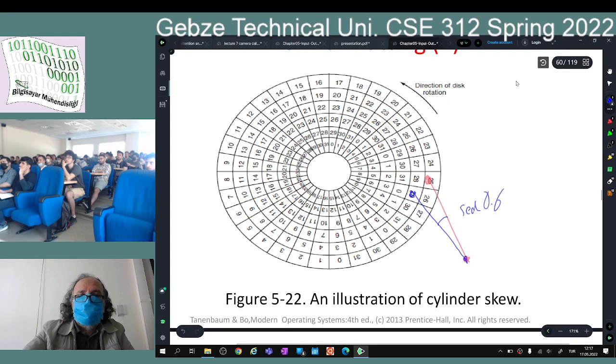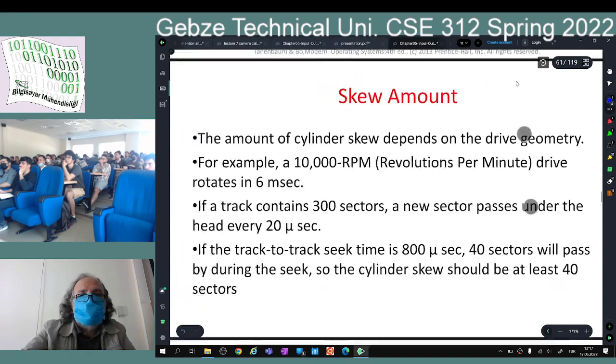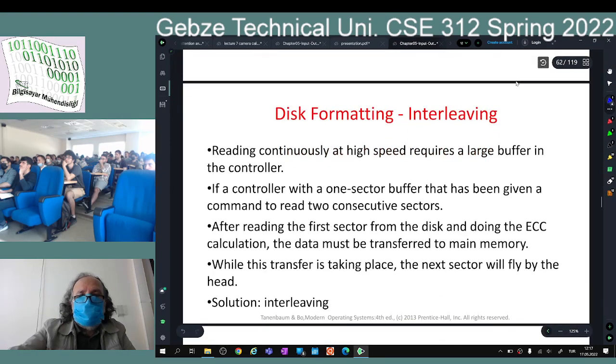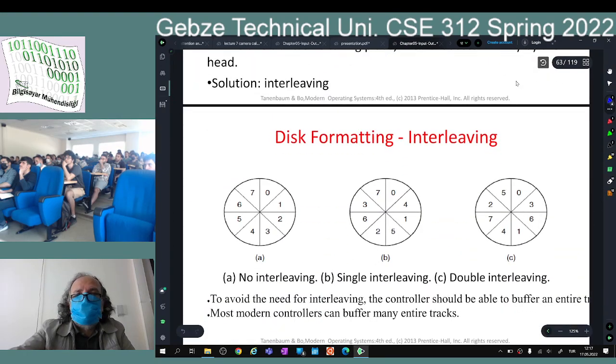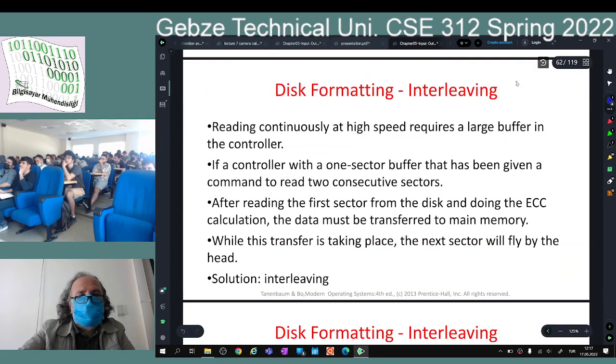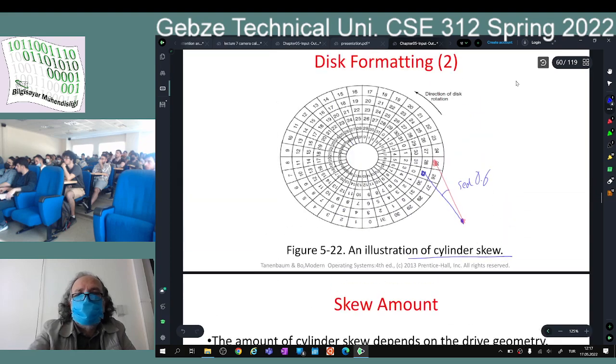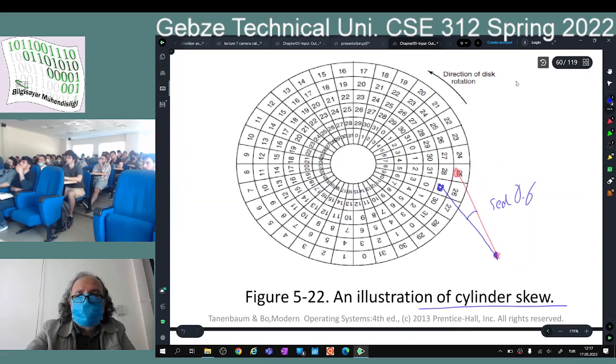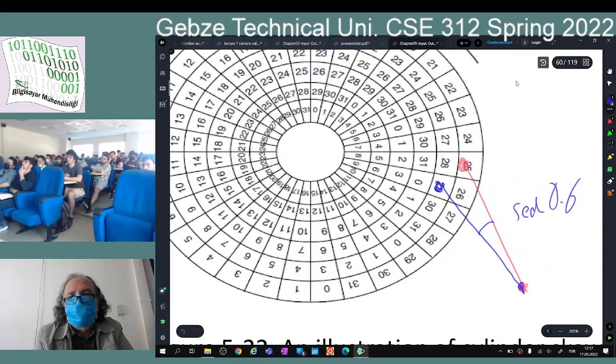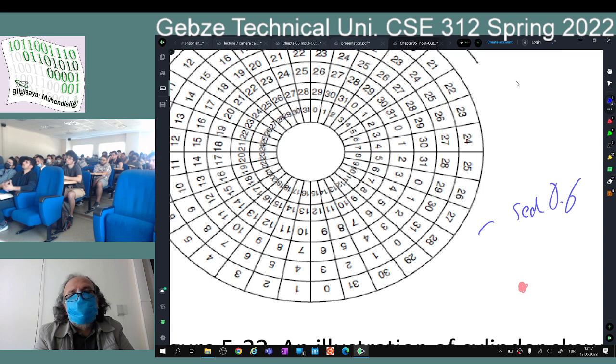So they introduced this cylinder skew idea. I am going to talk about it tomorrow because I don't have time right now. But basically, this is what you do. You don't number your sectors the same way.